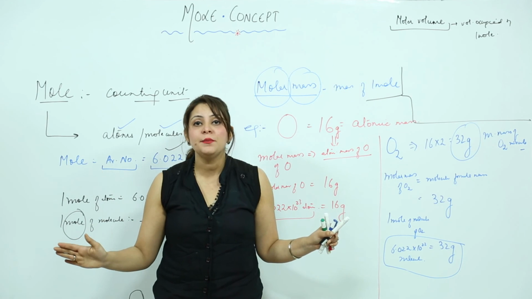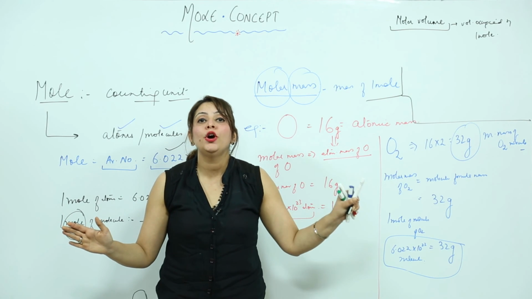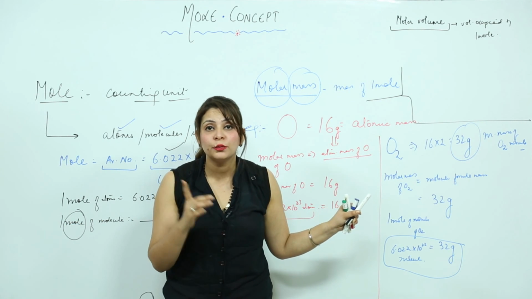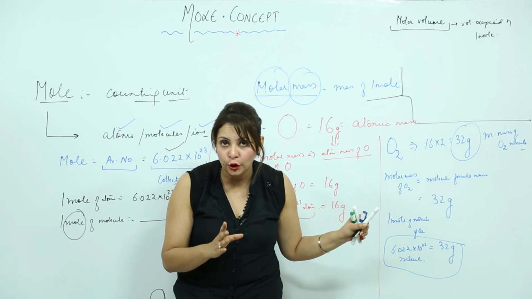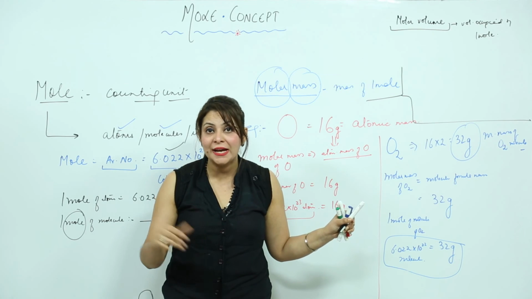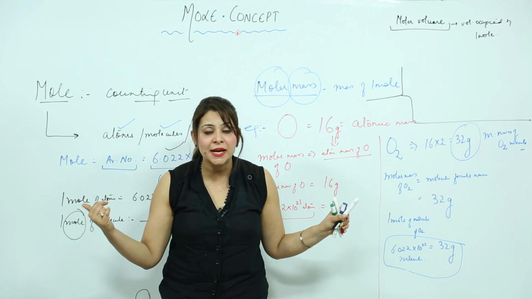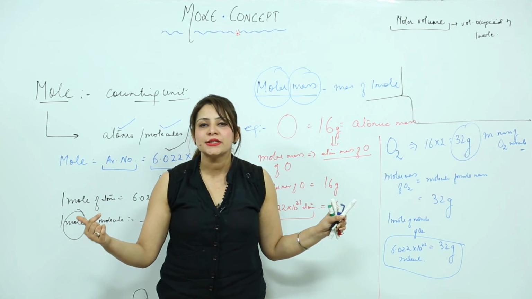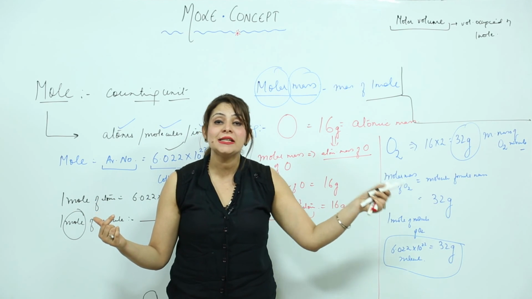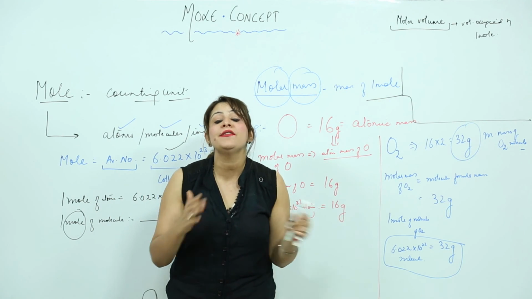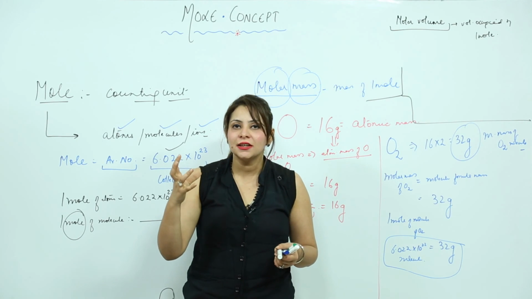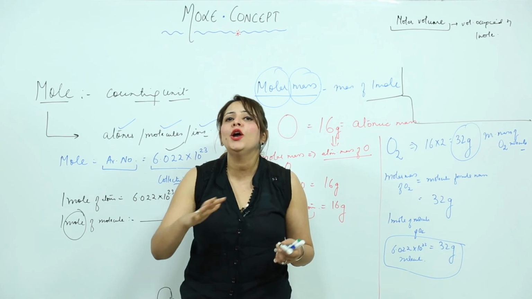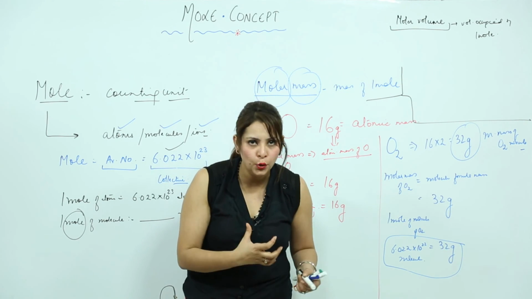At constant temperature and pressure, equal volume of gases, what matters? The property that matters is the equal volume, right? The volume should be equal and the temperature and pressure conditions should be the same. So if the temperature and pressure conditions are the same and the gases have equal volume, definitely they are going to contain an equal number of molecules. That is 6.022 × 10^23 or whatever, which just corresponds to the mole.